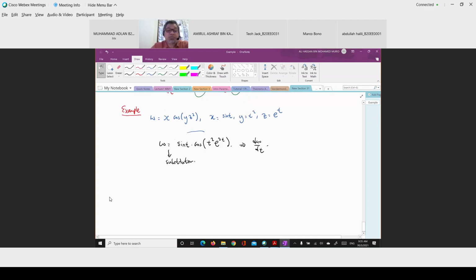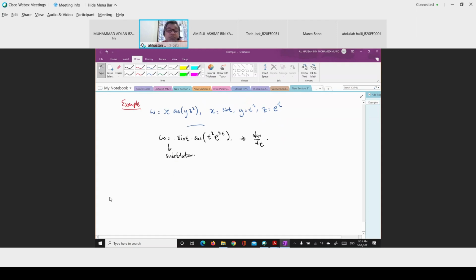But we want to apply the partial derivatives, since it is easier. So dw/dt, according to the chain rule, is w partial x times dx/dt plus w partial y times dy/dt plus w partial z times dz/dt.